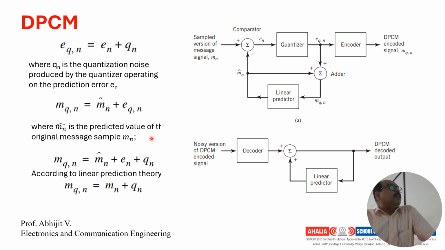Tilde m is a predicted value of the original message using the linear predictor. So according to the linear prediction theory, we get m_q[n] to be equal to m[n] plus q[n].